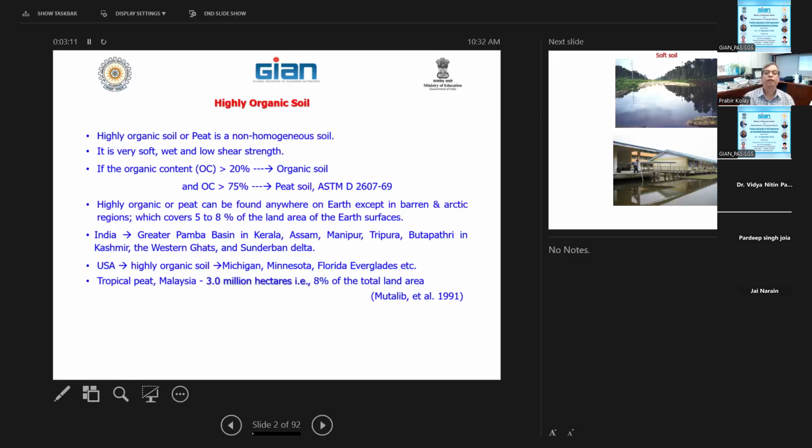So our problem is very highly organic soil or peat. And if the organic content is more than 75%, it's called peat as per ASTM D2607. That is much more challenging to construct on, because the soil is very soft, wet, and has very low shear strength.